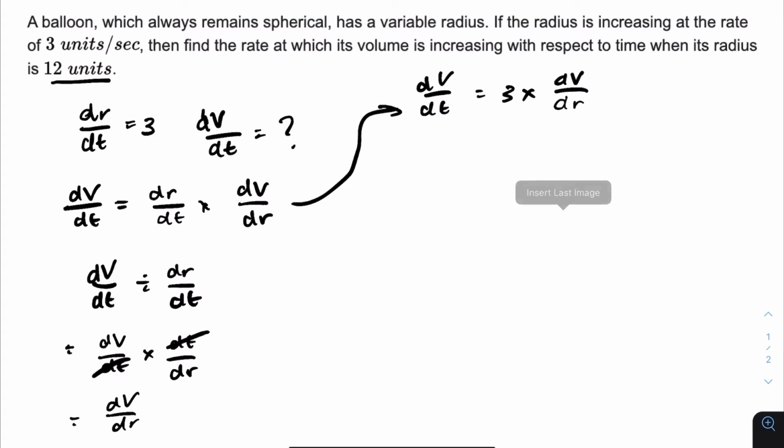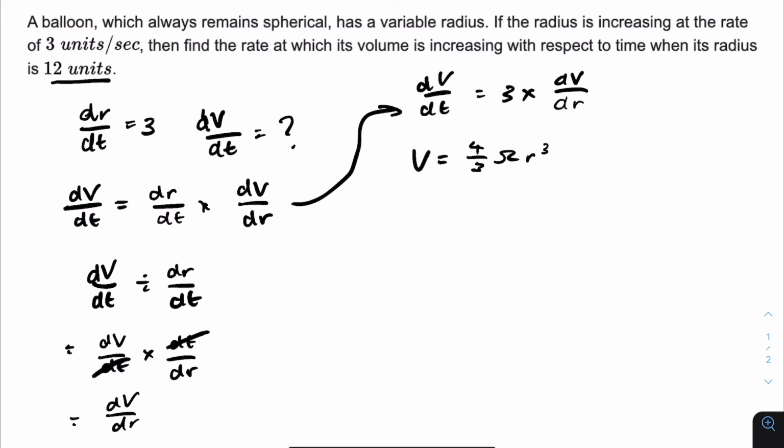Just note that we're trying to find a relationship between the volume and the radius as shown by dv over dr, because v is the volume, t is time, and r is radius. So the volume is equal to 4 over 3 pi r cubed. That's why the spherical part's really relevant.